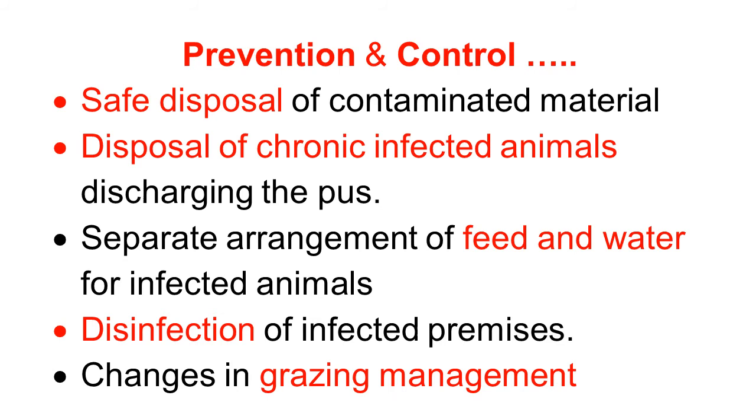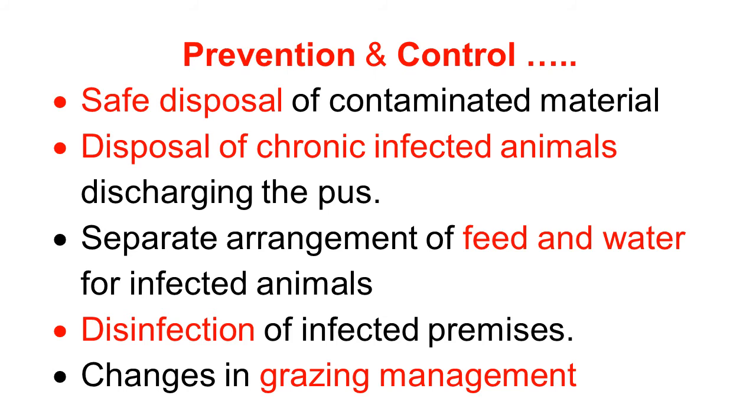There should be separate arrangement of feed and water for infected animals because those animals discharging the pus are discharging the infection also and infect feed and water. Disinfection of the infected premises, that is same with all other infectious diseases.